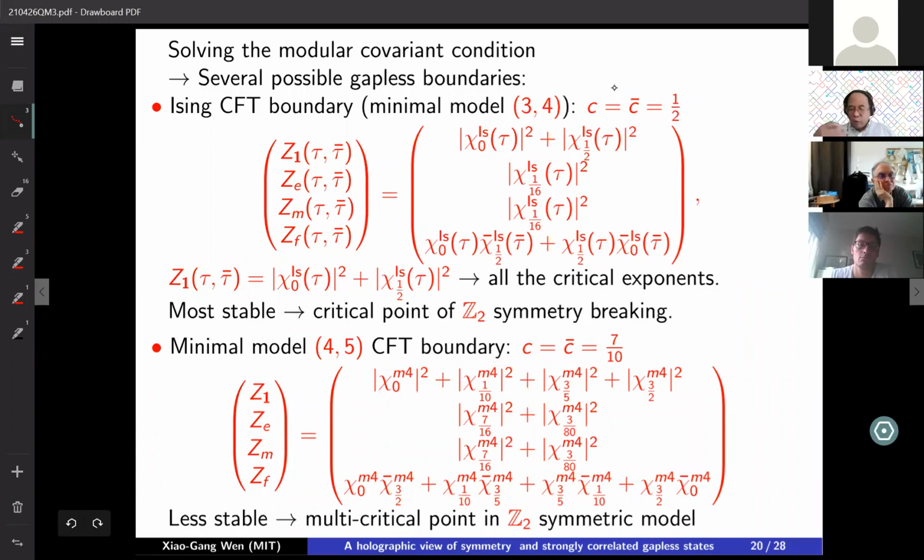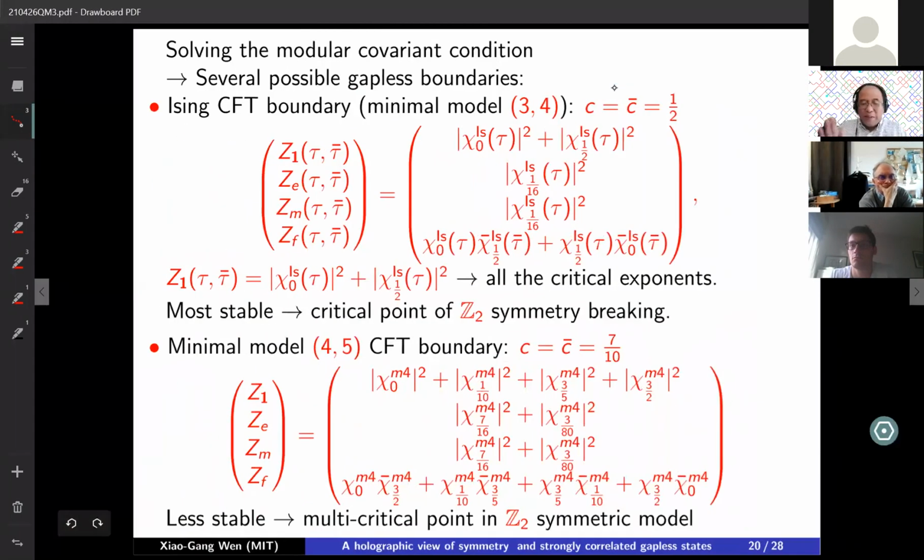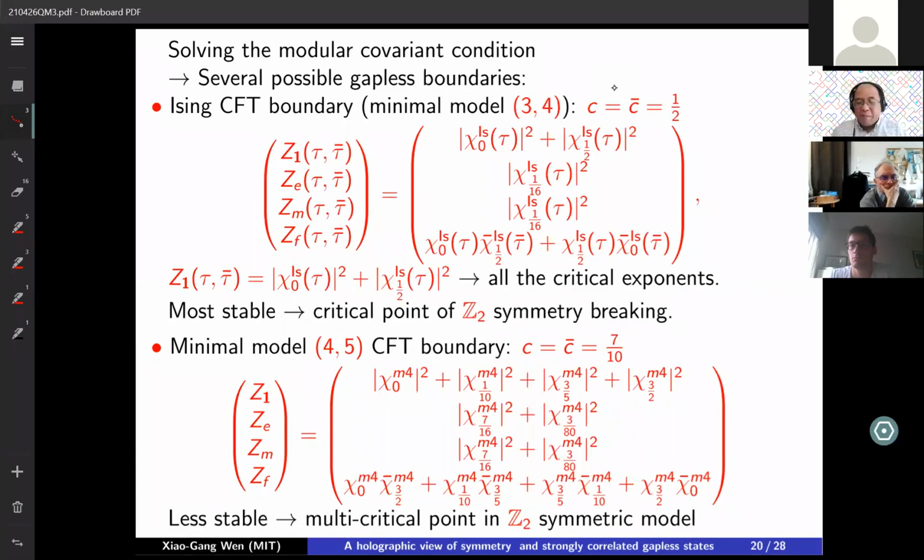Okay, so it doesn't uniquely determine gapless states, but it determines gapless states to some discrete family, I hope. Yeah. So basically, there's some other things, but this is really the main message. We have a symmetry, and usually we know that symmetry would constrain low energy dynamics.